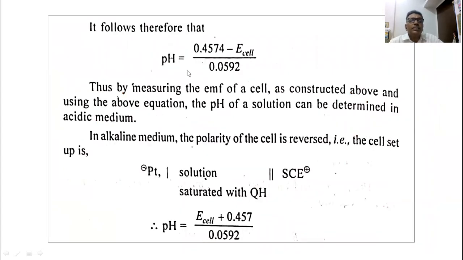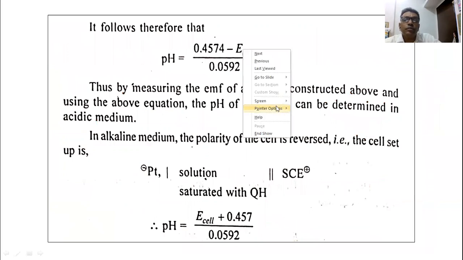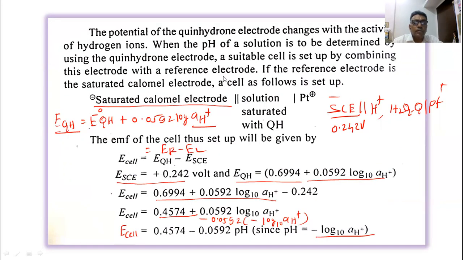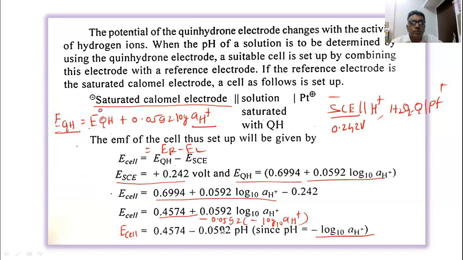So therefore pH is equal to 0.4574 minus EMF of the cell, divided by 0.0592. This goes to this side, so it is positive, and this becomes minus EMF of the cell.